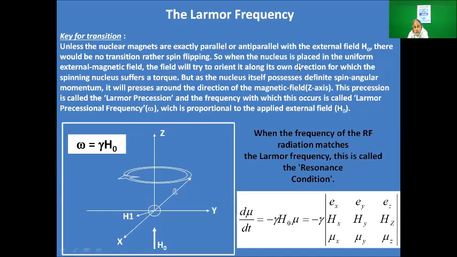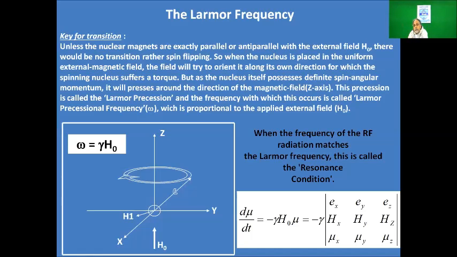So when this nucleus is placed in the uniform external magnetic field, the field will try to orient it along its own direction, for which the spinning nucleus suffers a torque. But as the nucleus itself possesses a definite spin angular momentum, it will actually precess. So if we consider this the z-axis and this the nucleus, it will precess like this.